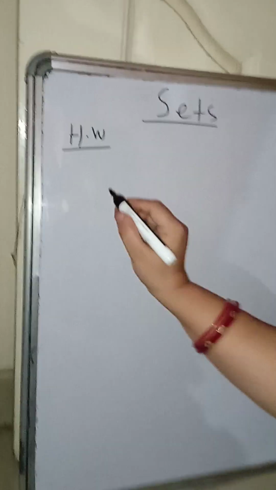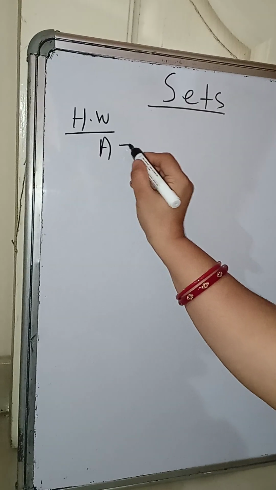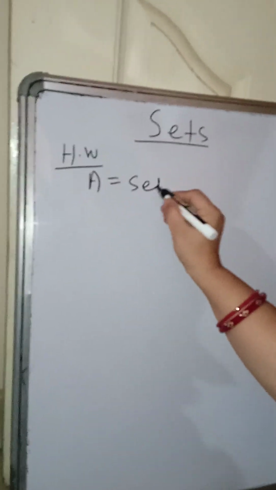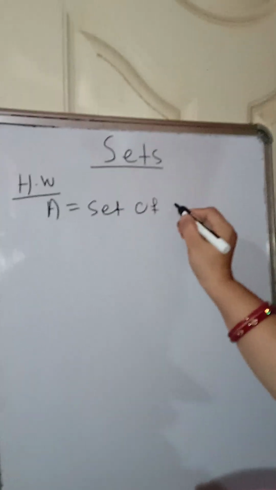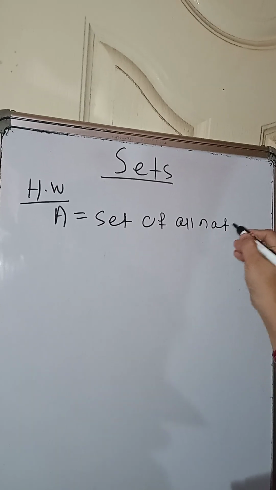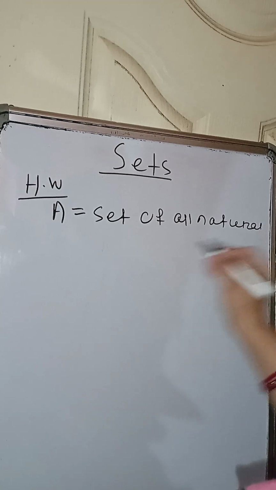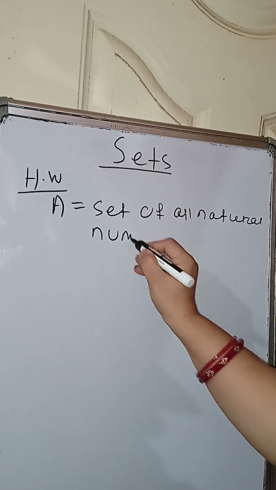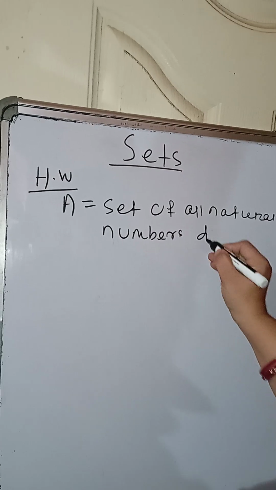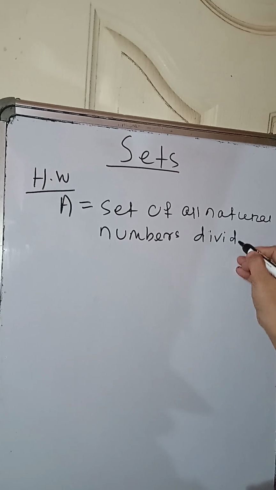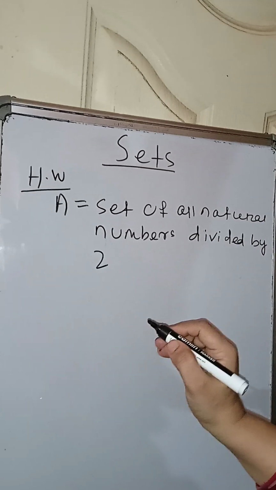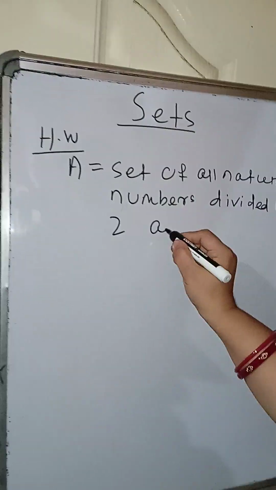What was your question? A set A was given. The set A is the set of all natural numbers divided by 2 and less than 7.